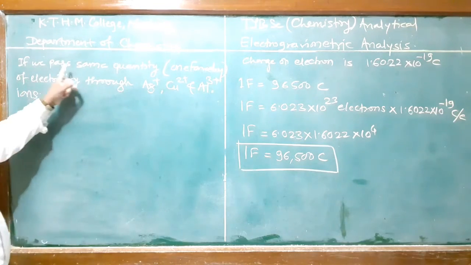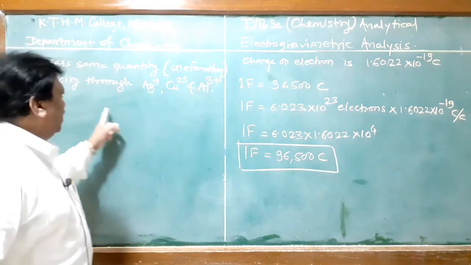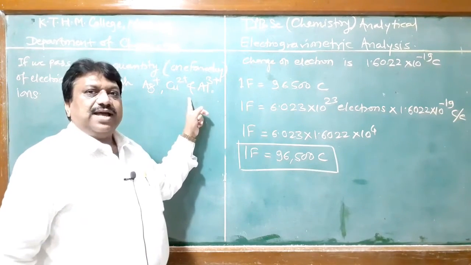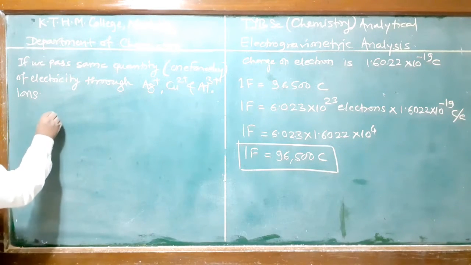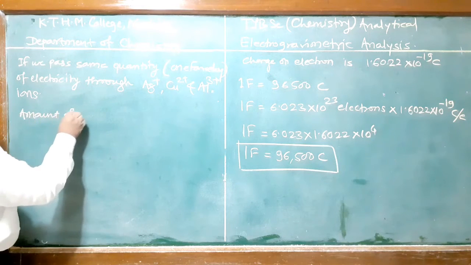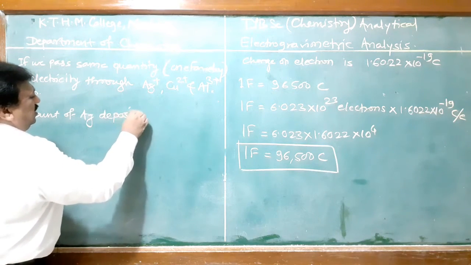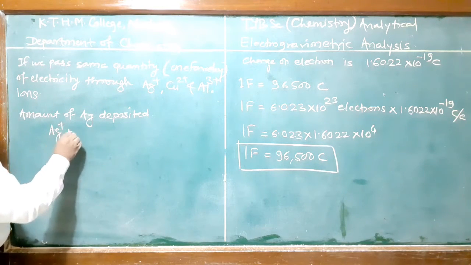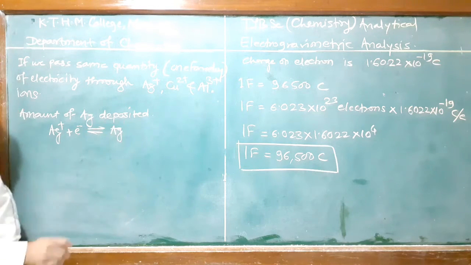Therefore, if we pass the same quantity of electricity, for example 1 Faraday, through an electrolyte solution containing silver ion, copper ion and aluminum ion, then we can say the amount of silver deposited is as follows. When a single silver ion is present, a single electron is sufficient to reduce it into a silver atom.